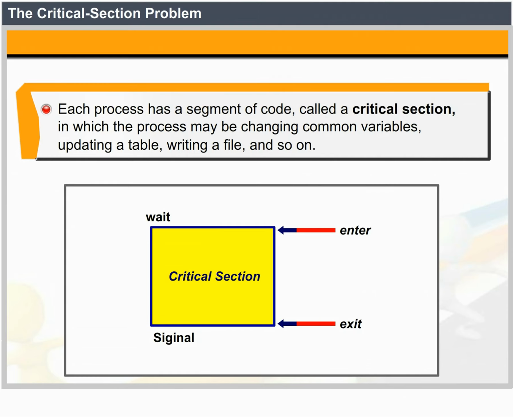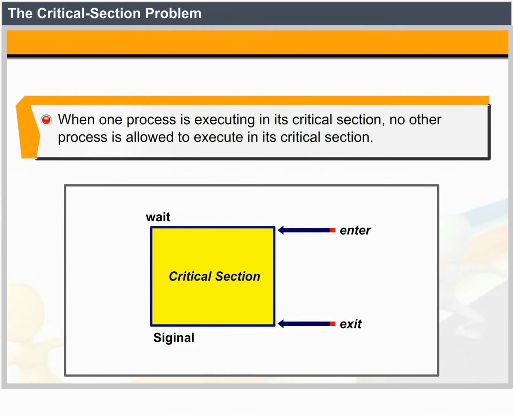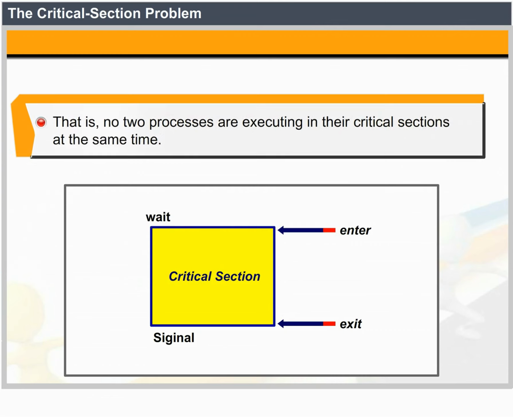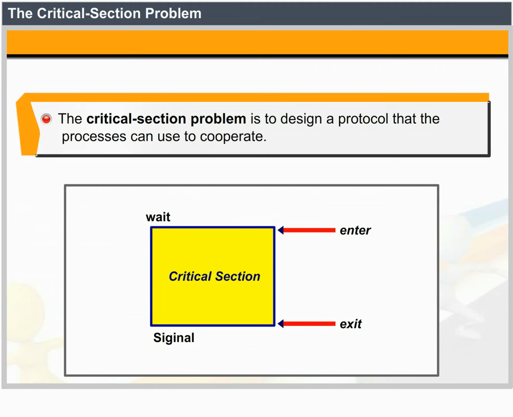When one process is executing in its critical section, no other process is allowed to execute in its critical section. That is, no two processes are executing in their critical sections at the same time. The critical section problem is to design a protocol that the processes can use to cooperate.